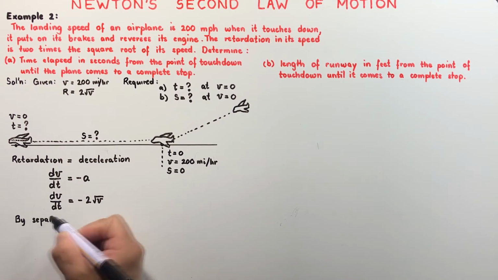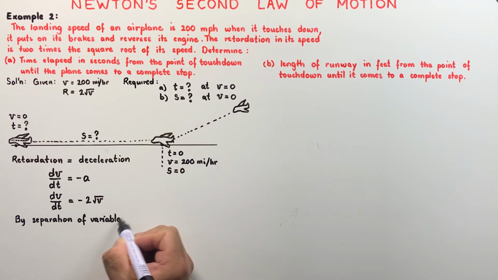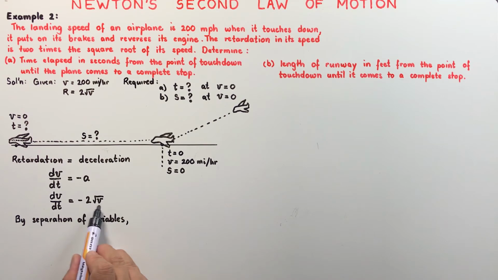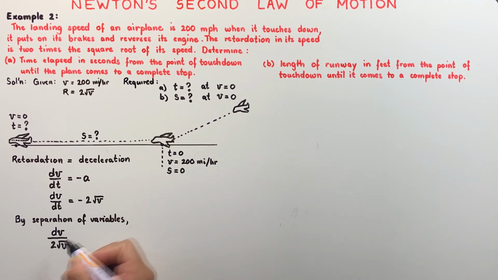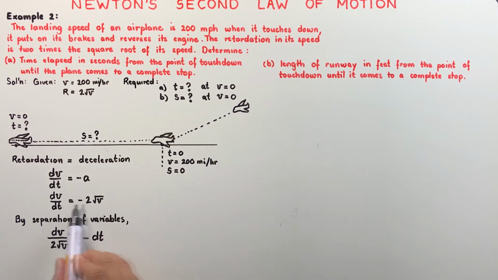We can do that by multiplying both sides of the equation by dt. So we have dv over 2 square root of v, which is equal to negative dt, by dividing also both sides of the equation by 2 square root of v here. And you notice that the variables are being separated.